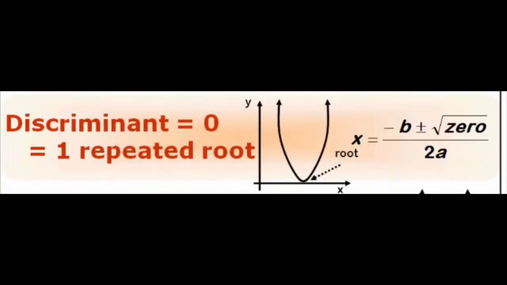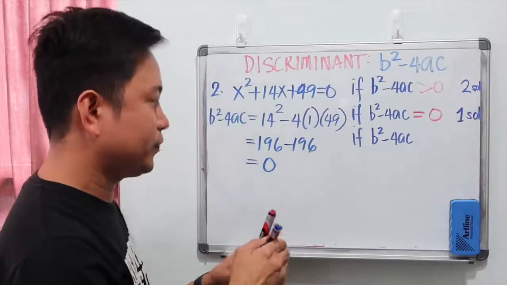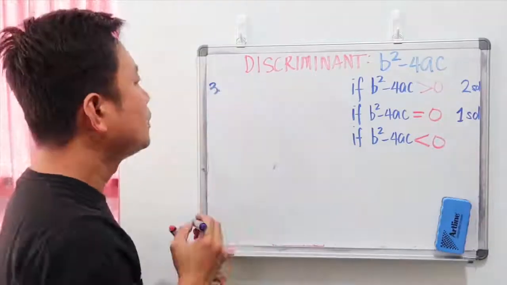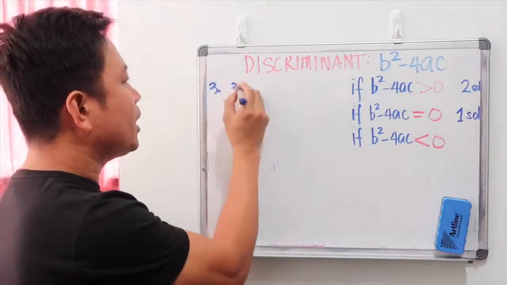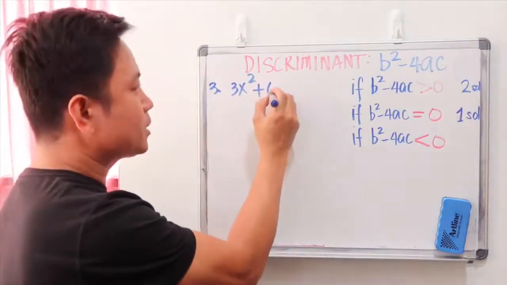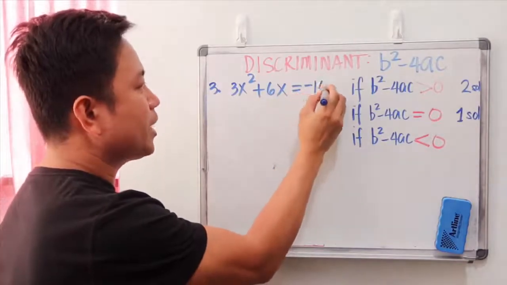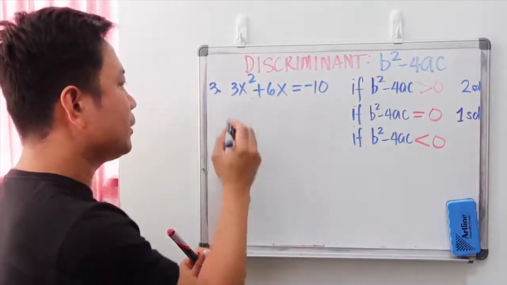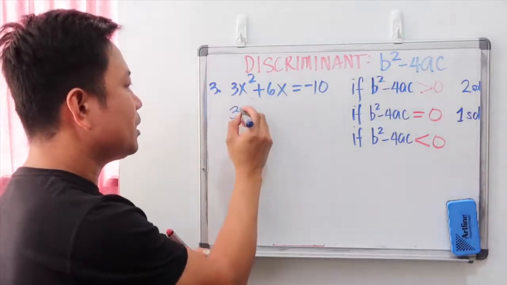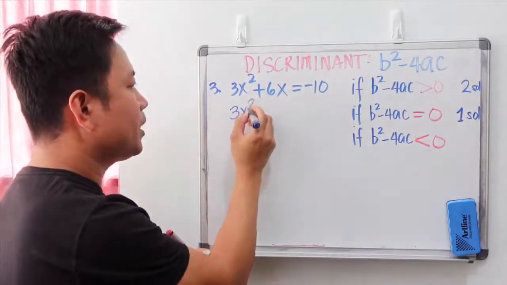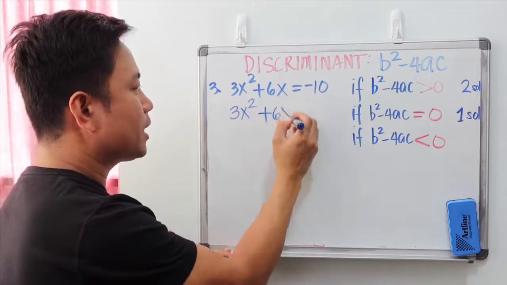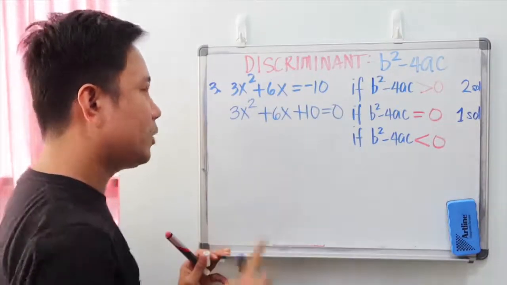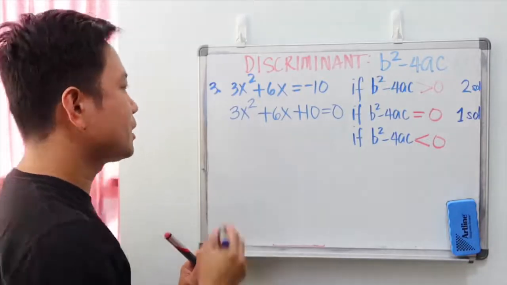What do you think if the discriminant is negative, meaning less than 0? For number 3, we have 3x squared plus 6x is equal to negative 10. Before we identify the a, b, and c values, we need to write this first in standard form. So that is 3x squared plus 6x plus 10 is equal to 0. Then we can calculate the discriminant.